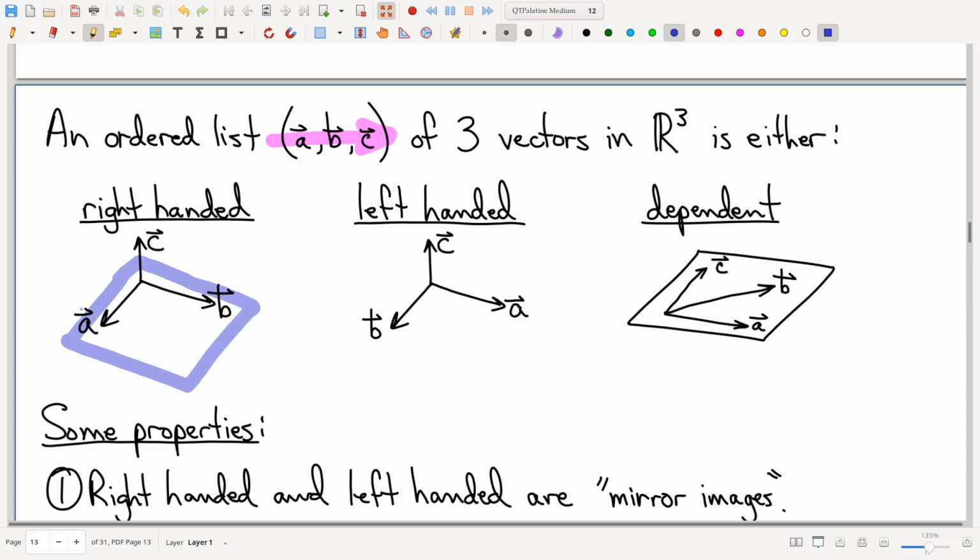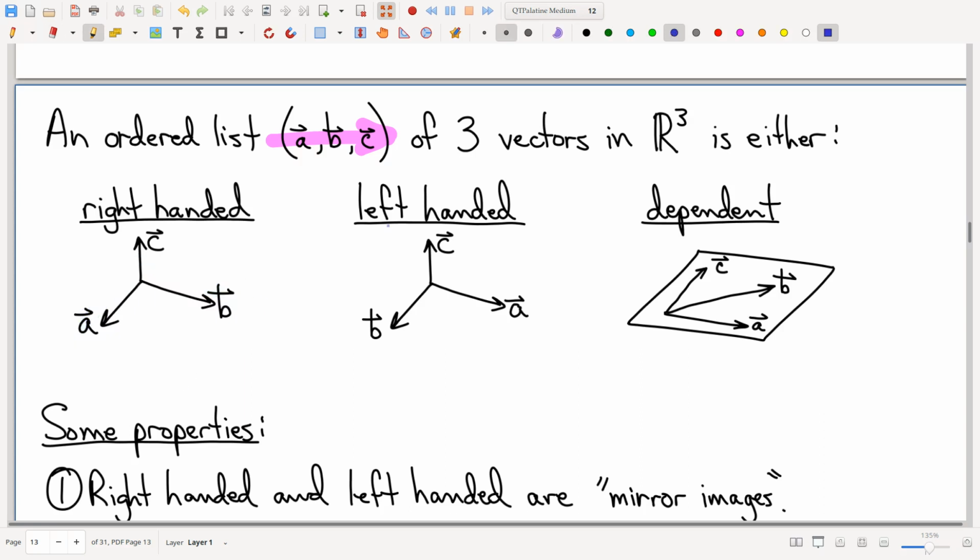And we don't need our thumb to point exactly in the direction of C. All we need is for our thumb to point on the same side of the plane as C. Is that cool? You want to be able to do that with A and B with your fingers, right? But as long as C is on the same side of the plane as your thumb, you're all good. Okay, so this trio ABC, this list ABC for those vectors, is right-handed.